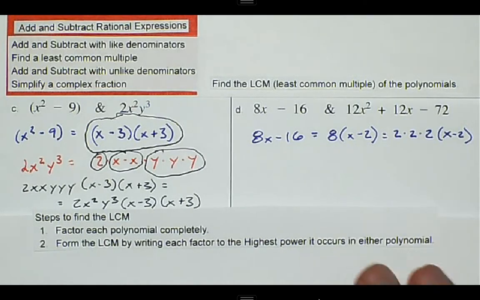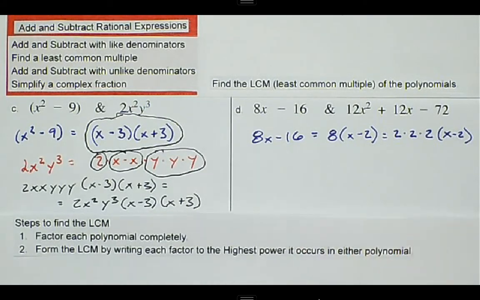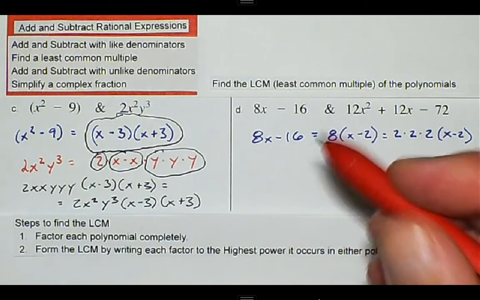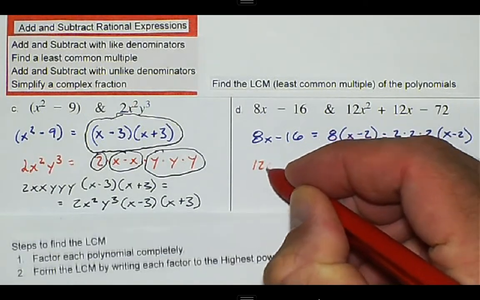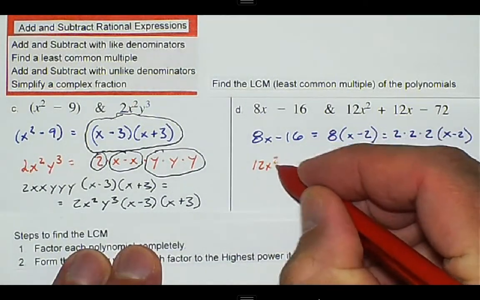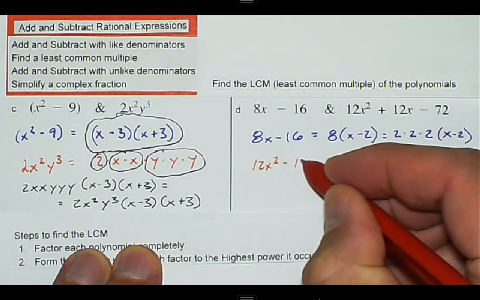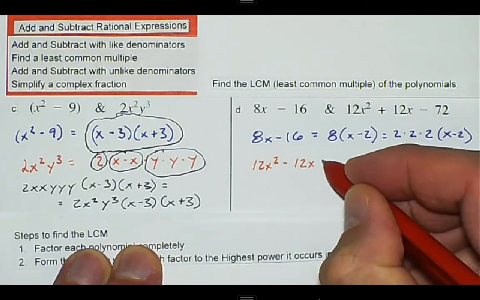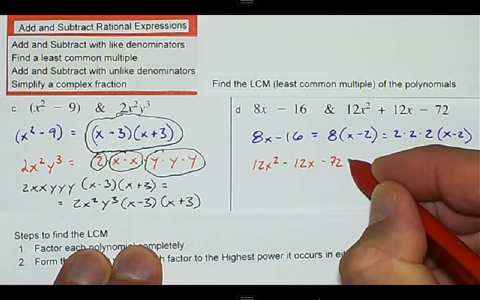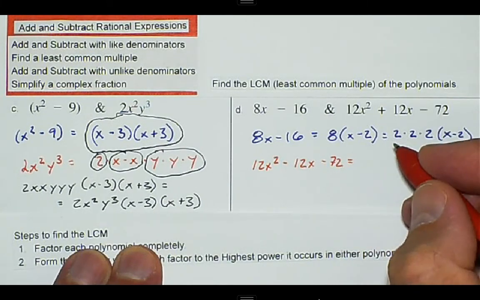The next one that we have is 12x squared plus 12x minus 72. And we can factor out a 12 out of that.